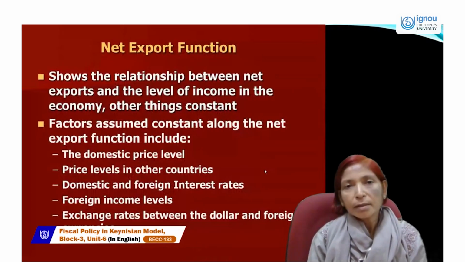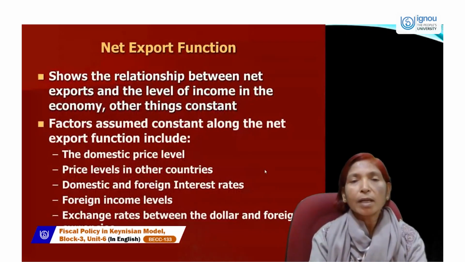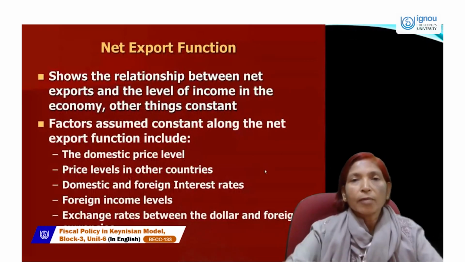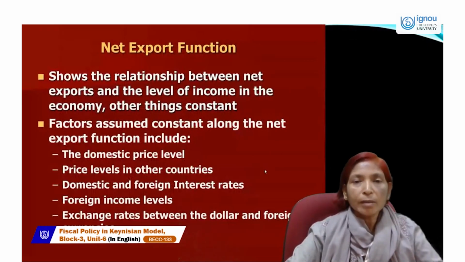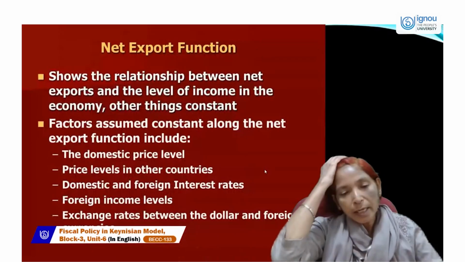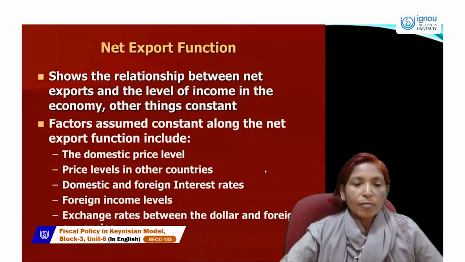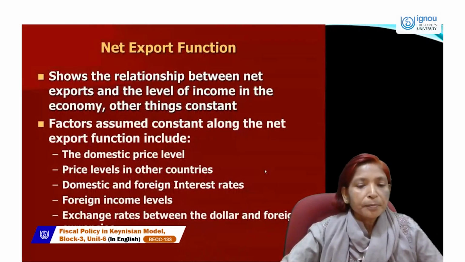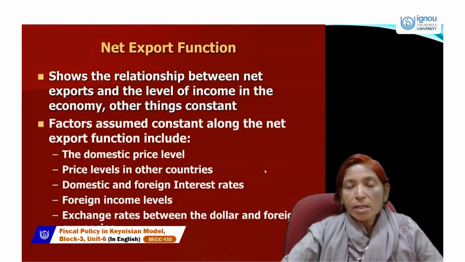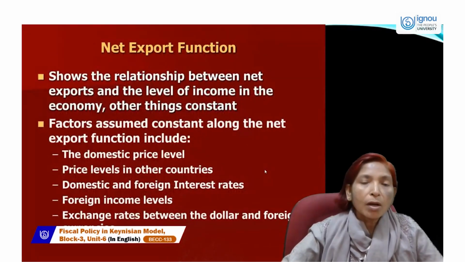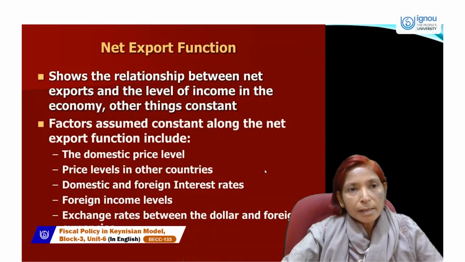The factors assumed constant along the net export function include: one, the domestic price level; two, the price level in other countries; third, domestic and foreign interest rates; next, the foreign income level; and next, the exchange rates between the dollar and foreign currencies.